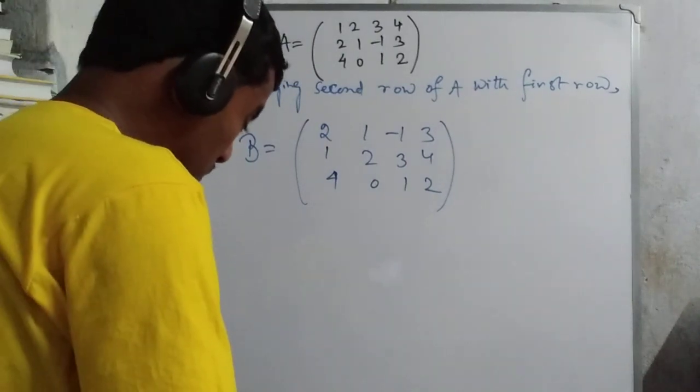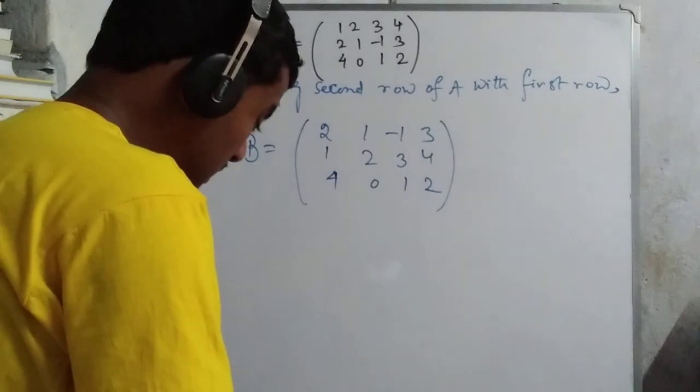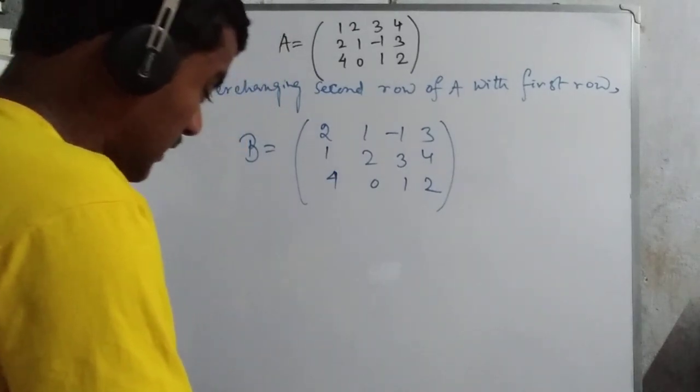Next we multiply the second column of A by 3.